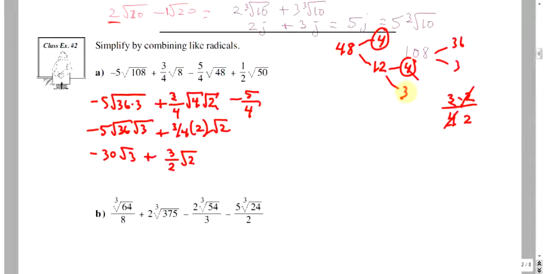Remember prime factorization in grade 10? This is why we taught this to you. Okay? Break down 48 into its prime factors. You can see how you can get the largest perfect square. 48 is 4 times 4 times 3, or 16 times 3. So I'm going to break that up into root 16 times root 3. Okay? If you just take a 4 out, don't worry, you should get the same answer, but then you're going to have to take another 4 out. Okay?